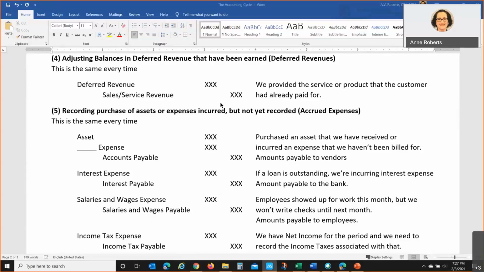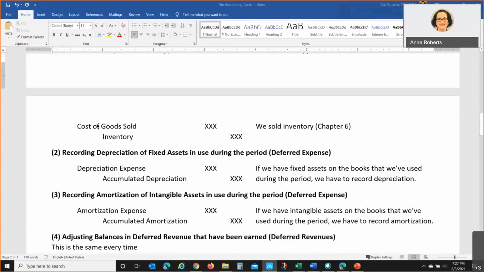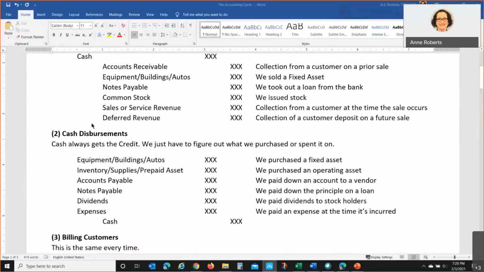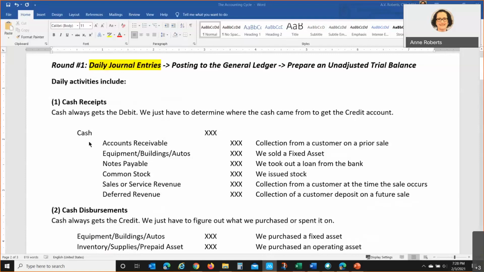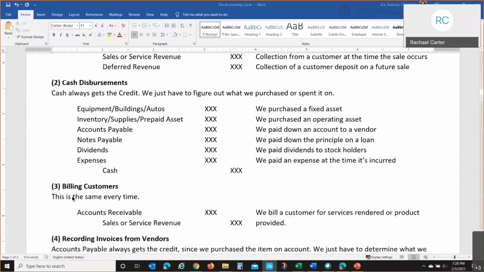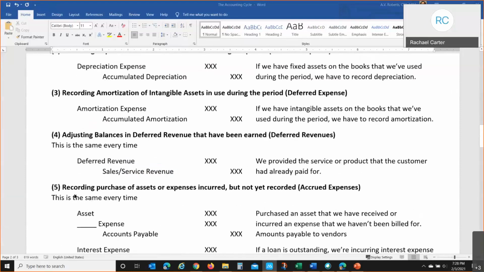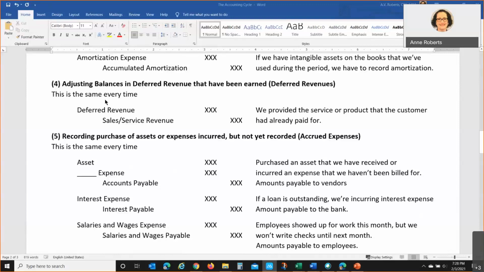Wait, what? All right, let's back it up. Remember, up here in number 1, we collected the cash and we recorded the deferred revenue, right? Somebody bought a gift card from us. So now, has anybody used those gift cards? If they have, then we've got to get it out of deferred revenue and into sales or service revenue.